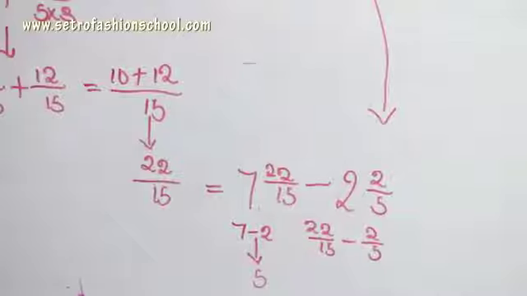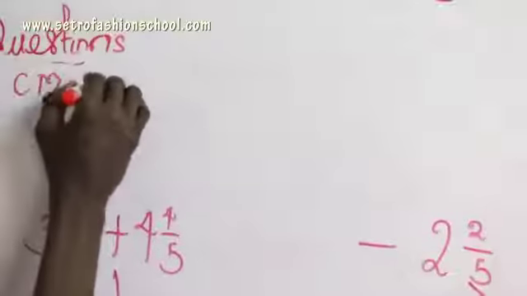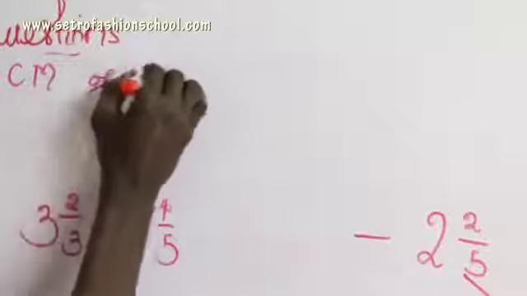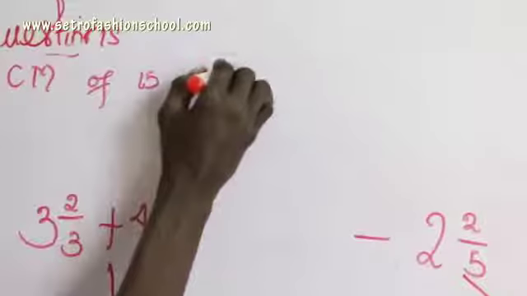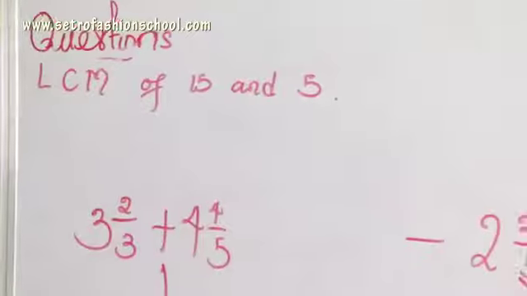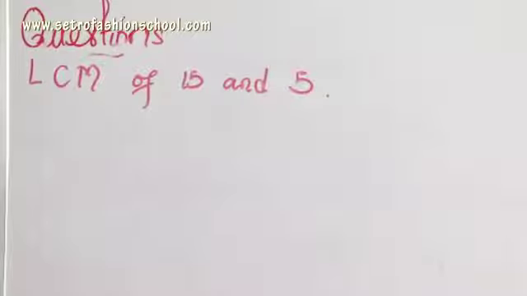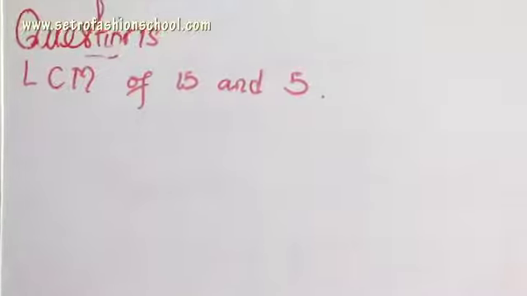We are going to find the LCM of 15 and 5. How can we calculate the LCM of 15 and 5? How can we calculate the LCM? Who can tell me? Okay, now let's show it on the board for people to see.